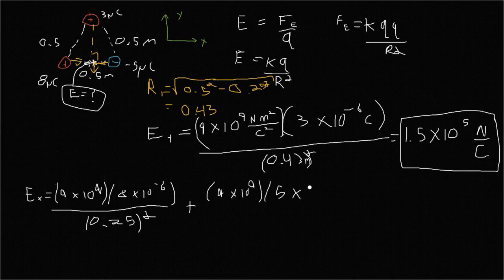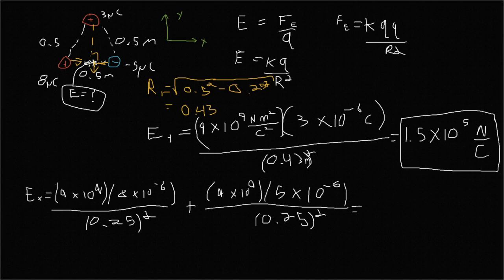So 5 times 10 to the negative 6 over 0.25 squared. This will be our net electric field in the x direction.